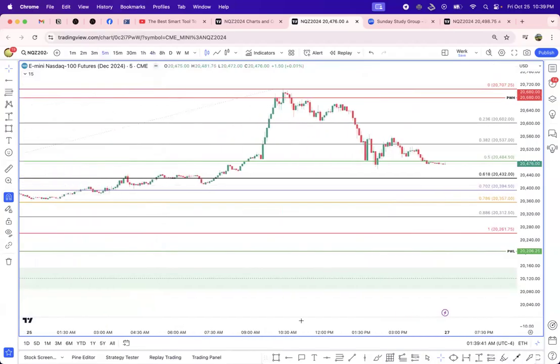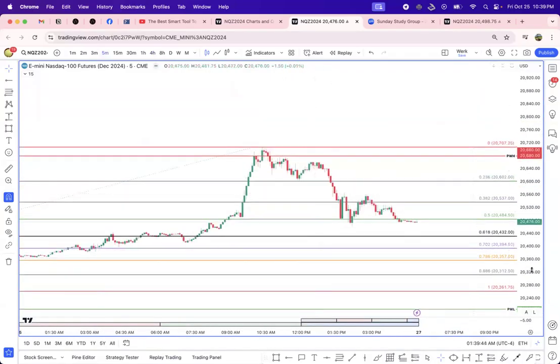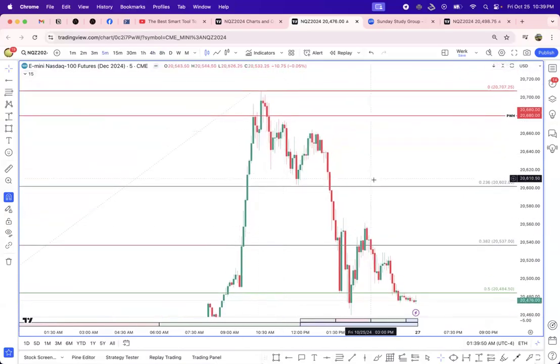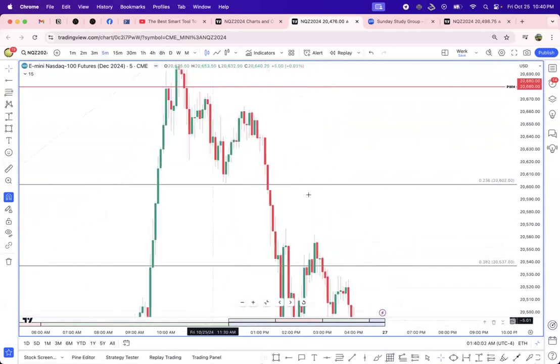But since we're here, and I love talking about this, and I already said bye, but I'm gonna keep on going just this little bit. So we had taken out previous week's high, and so we ran that liquidity, and then we created this little fair value gap right here.